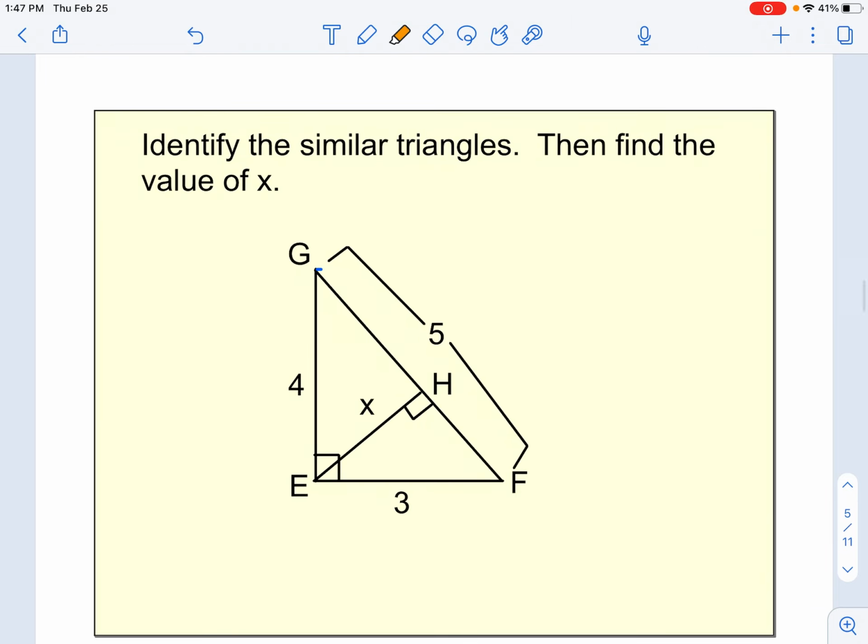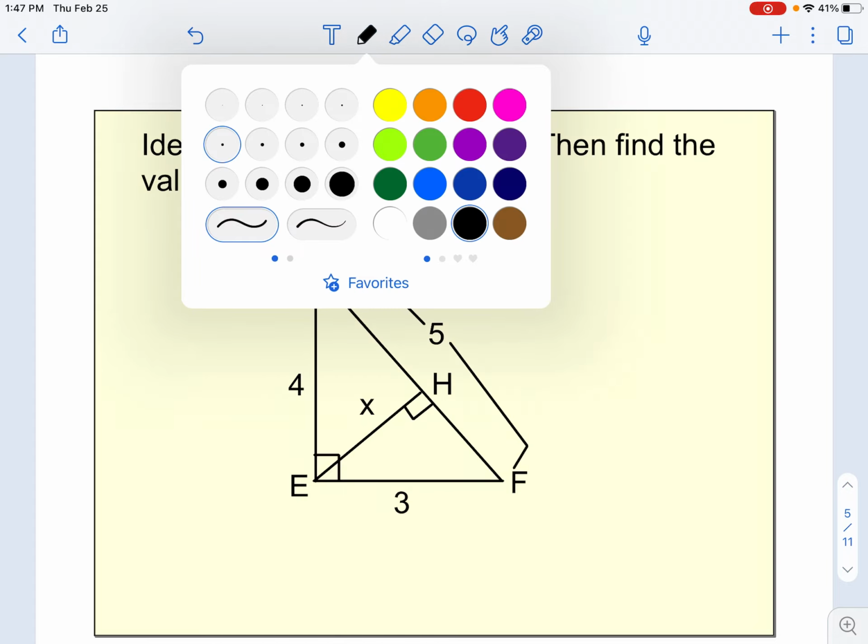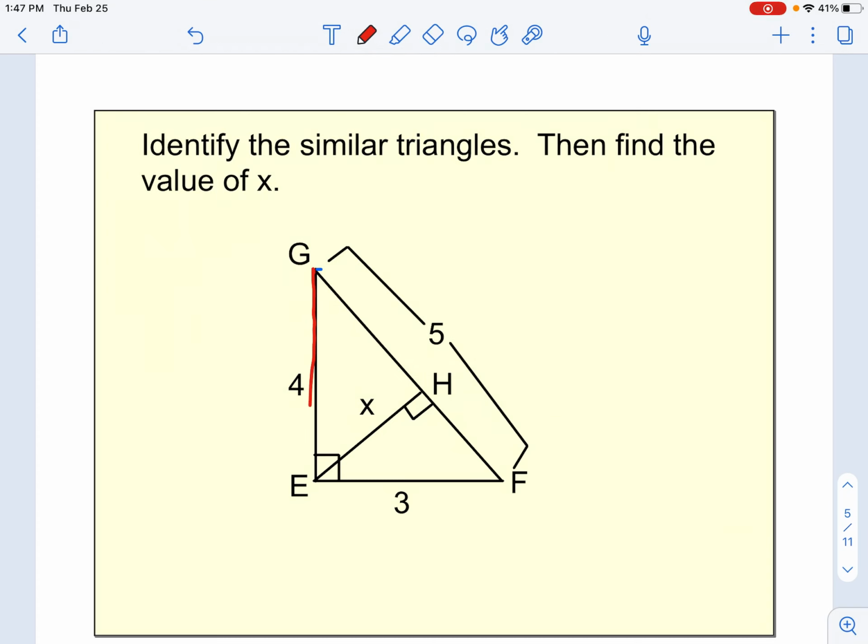So this first problem says to identify the similar triangles and then find the value of x. So here we have a right triangle. This is our large right triangle right here. And so triangle GEF is similar to the two triangles formed.